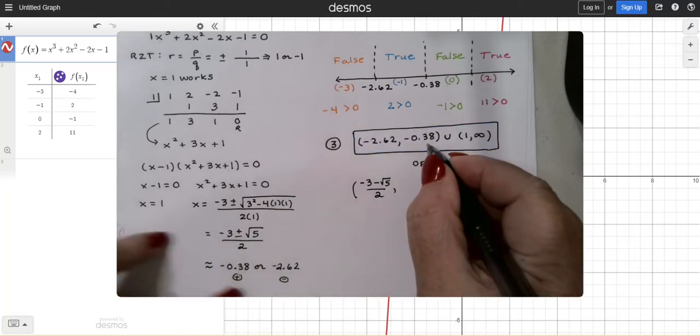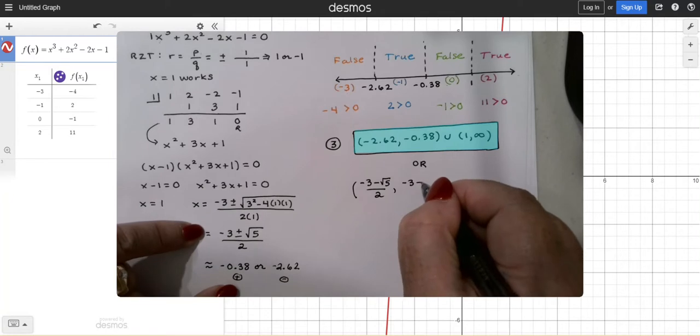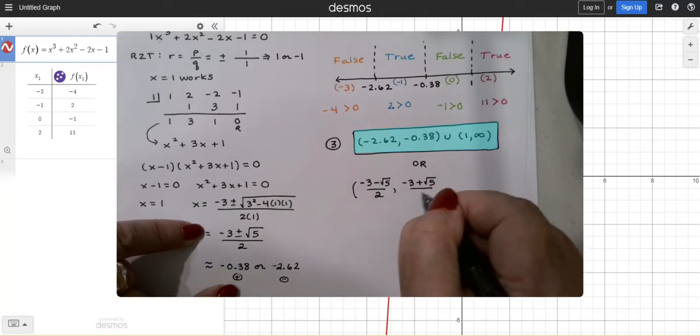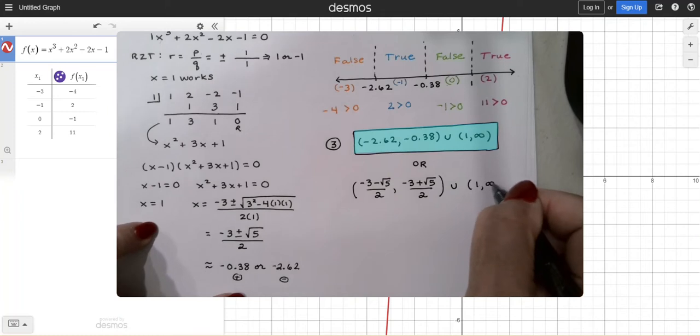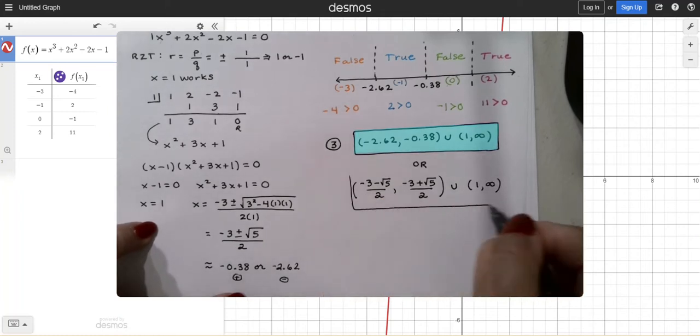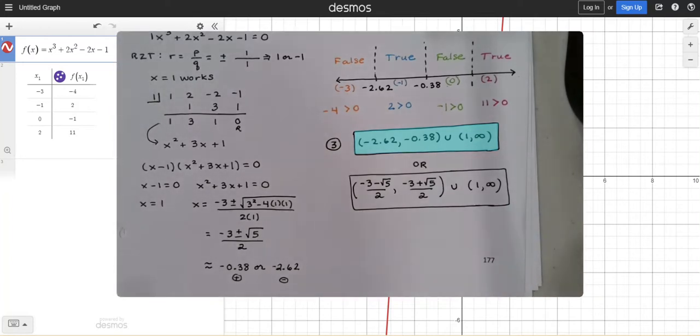And the -0.38, that was from using the plus, so -3 plus square root 5 over 2, joined with 1 to infinity. So I certainly could have gone back to the exact value if I needed to.